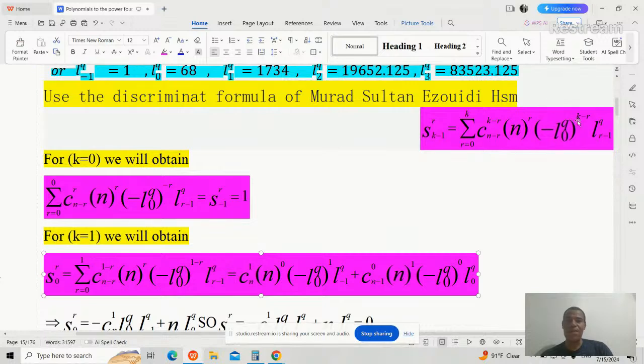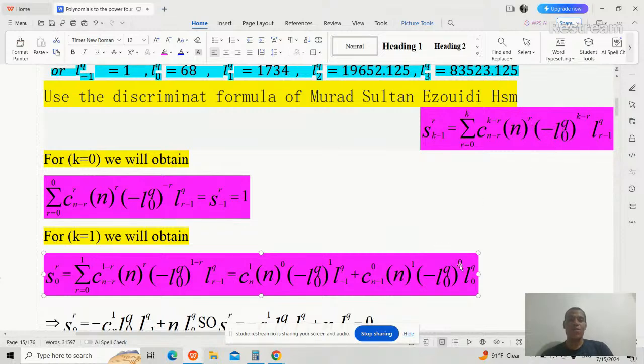It will be k minus r, so 1 minus 1, times L_{r minus 1} of order q. After developing or expressing this in its lowest terms, we can note that it will be combination n choose 1, n raised to the power 0 times minus L0 of Q raised to the power 1 times L minus 1 of Q, plus combination n minus 1 choose 0, n raised to the power 1 because r is 1, times negative L0 of Q raised to the power 1 minus 1.